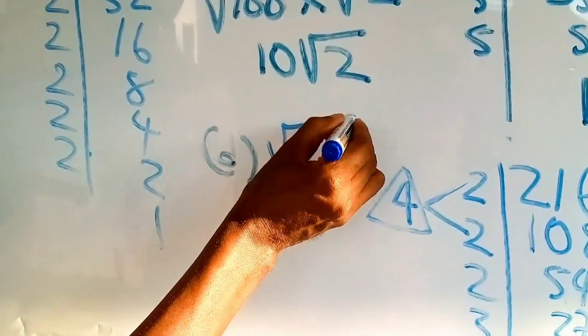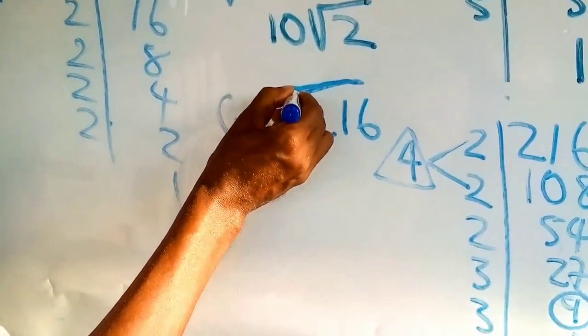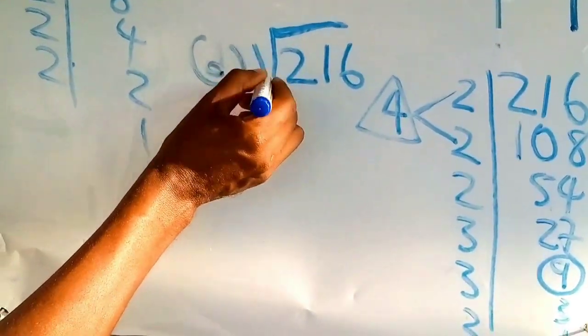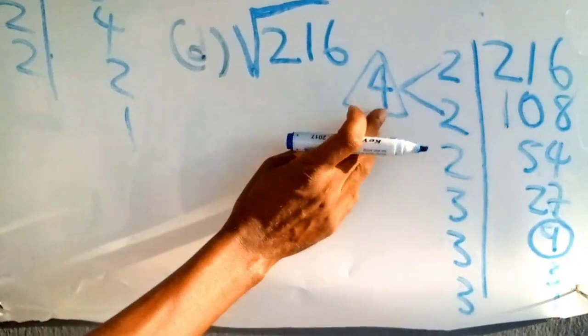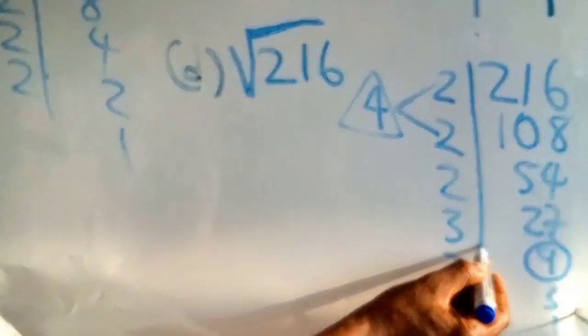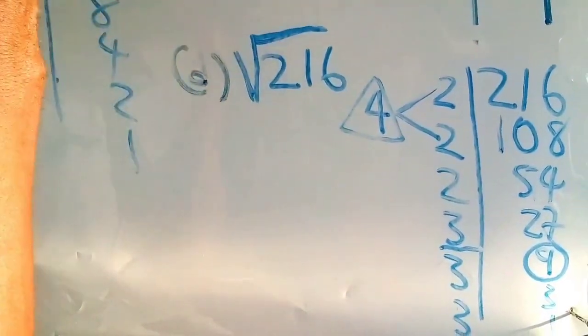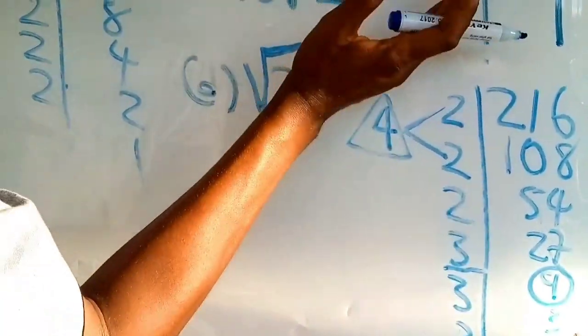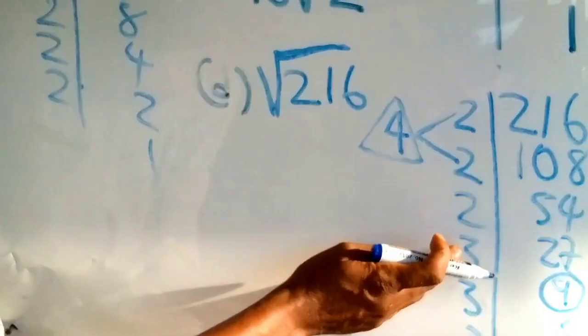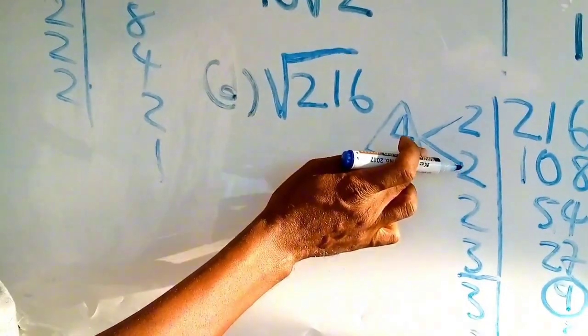I use this number because it's a higher number, and some students that are very poor in mathematics may get stuck, but it is simple. Just find another perfect square. 2 times 2 is what? 4. Remember, I got this one from this point. Then what I have left from here up, because I'm using only this side, is 2 times 3. Sorry, I marked it triangle.